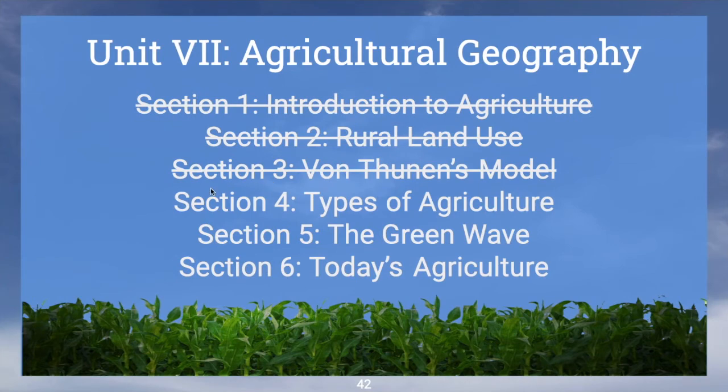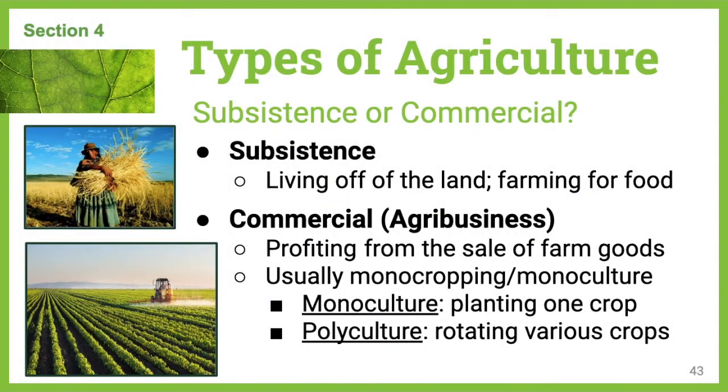All right, so before diving into the more specific types of agriculture, we have to learn about these two broad types of agriculture, one being subsistence, one being commercial. Subsistence agriculture is, simply put, living off the land, farming to feed one's family, and using what's left over to trade for other necessities, perhaps. Commercial agriculture, on the other hand, is all about profit.